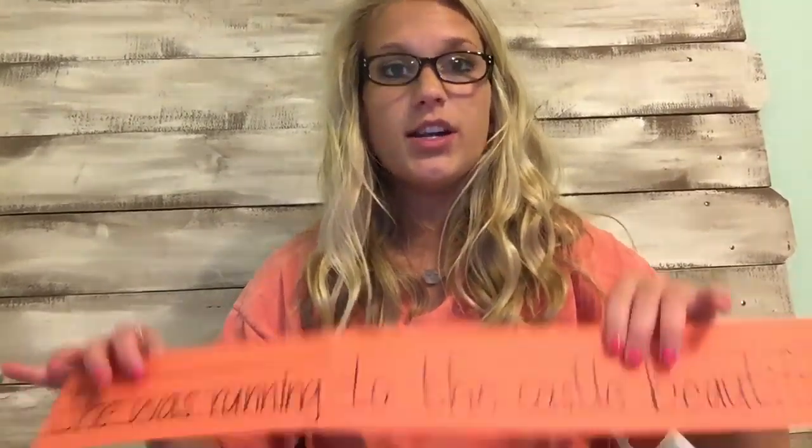The second step is to write the sentence on a sentence strip like I have here, and then you perform surgery, which is pretty cool, we'll get to that in a second, and then we'll rearrange the words. Normally you want to do this on a pocket chart or a whiteboard where you can have magnets, but I don't have any of those materials here, so I'm just going to have to hold it.